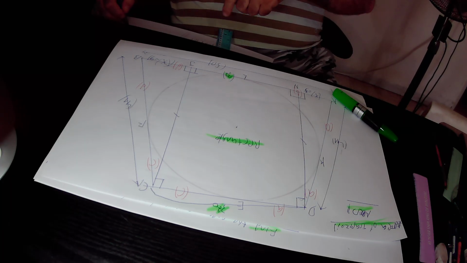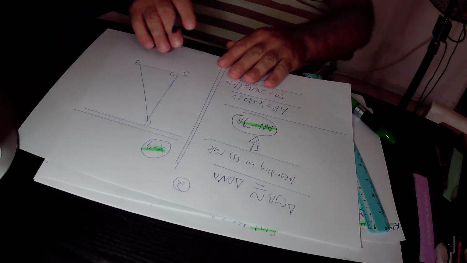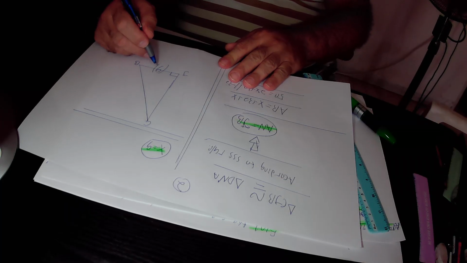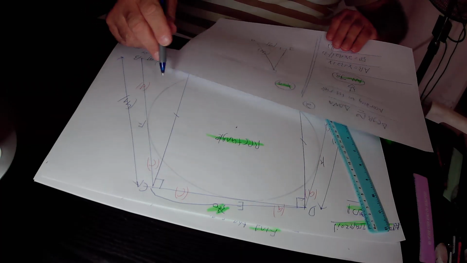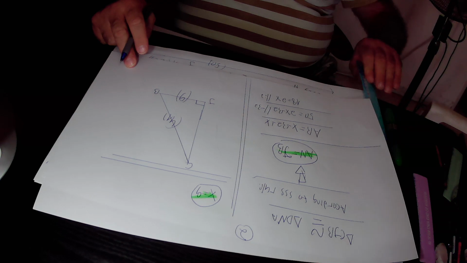Side CJ is the missing side. Side JB equals x, which is 9 units in length. And the hypotenuse CB equals 41 units in length, according to what is given in the question.